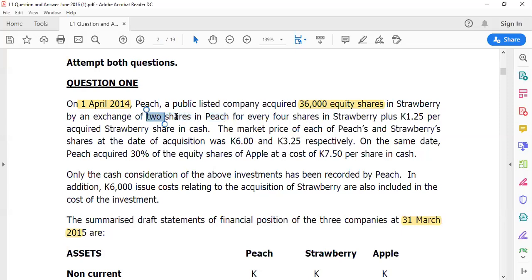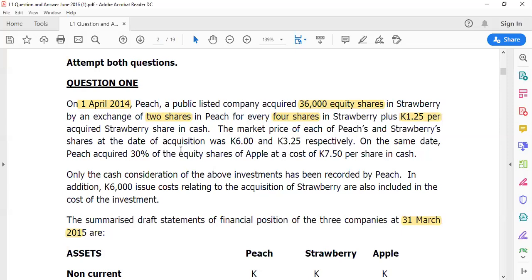For 4. Then plus 1.25 kwacha per acquired strawberry share in cash.